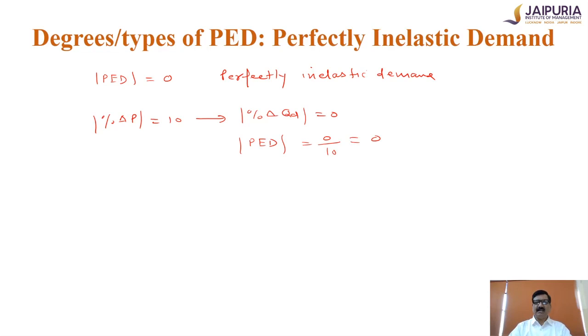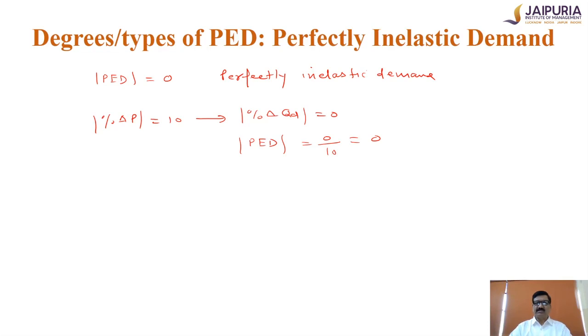So perfectly inelastic demand means whatever change in price takes place, quantity demanded of this product is not going to change. However, the last two concepts of perfectly elastic and perfectly inelastic demand are theoretical concepts. In real life, these concepts do not exist.